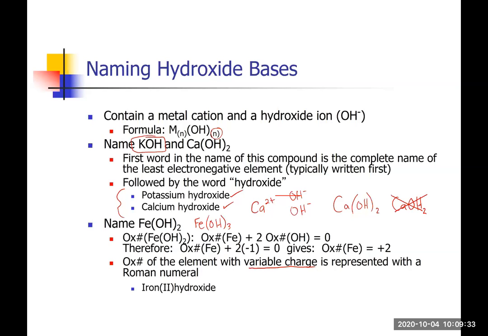And so if we're naming both of these compounds as iron hydroxide, then the chemist doesn't know if they have iron 2 or iron 3. And the reason that's a problem is because iron 2 and iron 3 behave chemically slightly different. And so we need to know which one of those two species it is that we have.